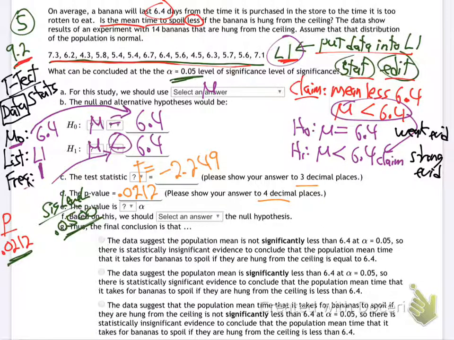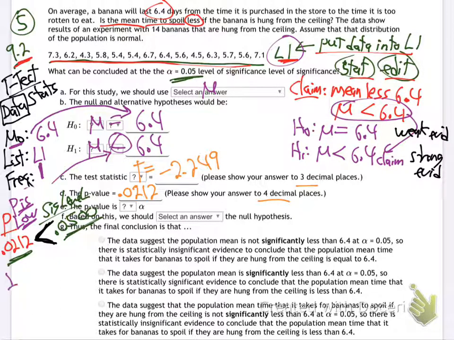So which one of those is bigger? 212 or 500? 500 is bigger, right? So is our P low on this one? Yeah, it is. The P is the lesser one. It's less than the significance level.